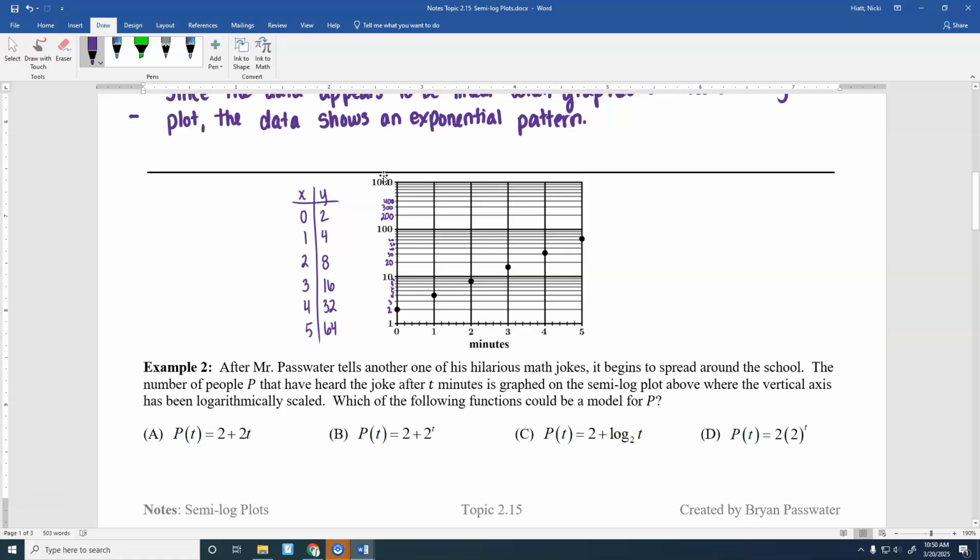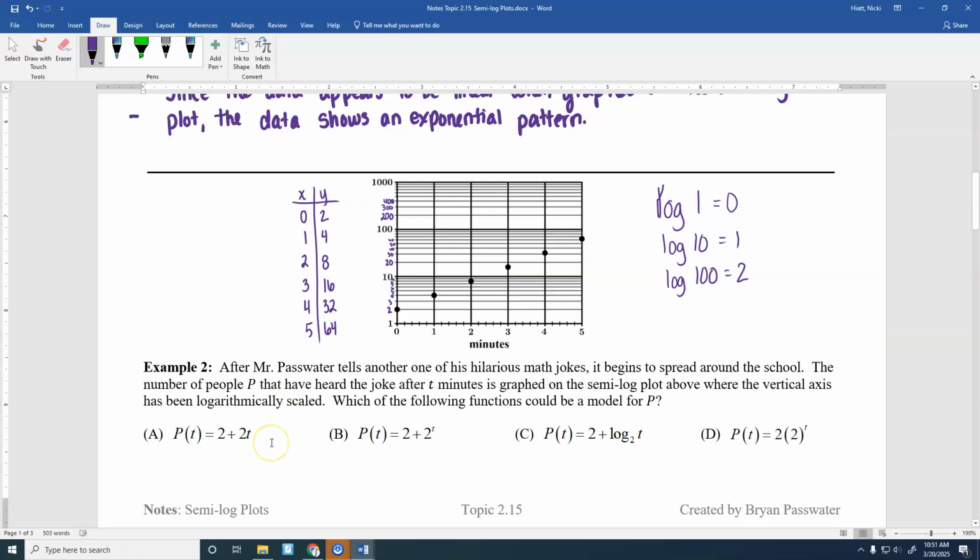Because when I have log of 1, that would be 0 because you're saying what power would I raise this to? If I do log of 10, that's going to be 1 because 10 to the first power would be 10. Log 100 would be 2. So, if we took the log of what we have over here, it would be 1, 2, 3, 4, 5. That's the reason they call it a log plot.